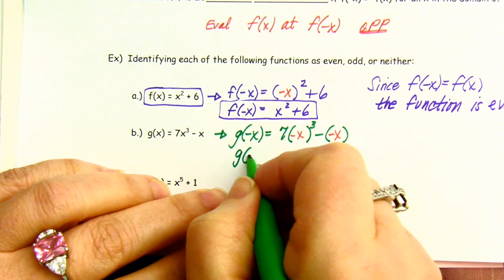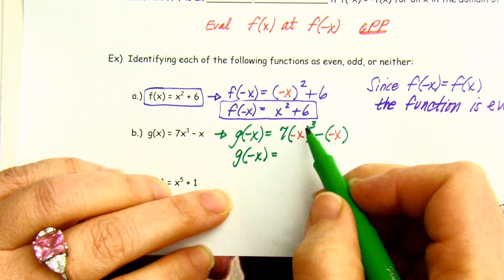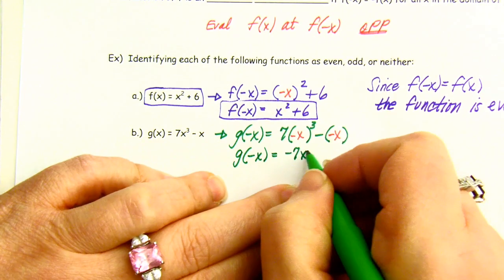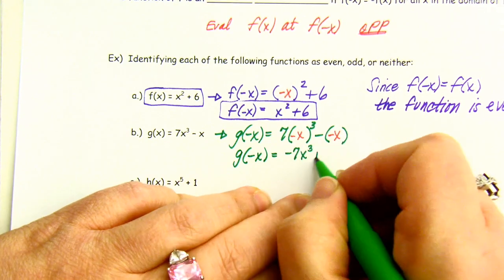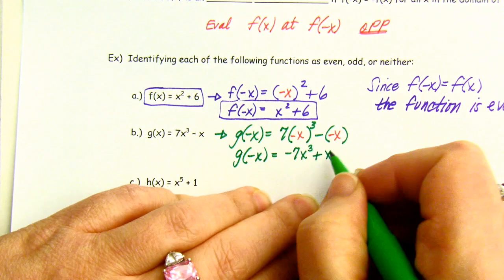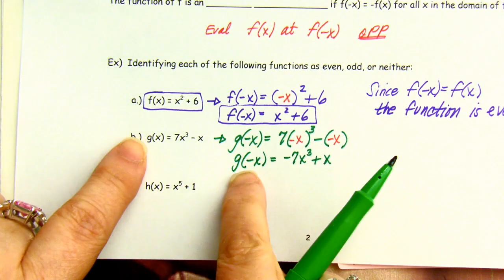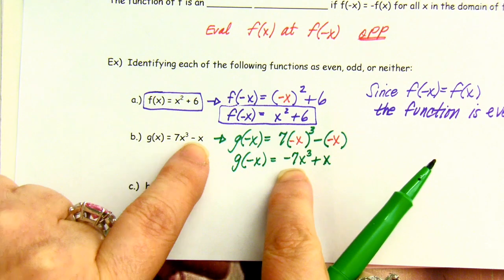G of the opposite of x equals, well, when I cube a negative, it stays negative. So this is negative 7 times x to the power of 3. And then here is the opposite of a negative. That's positive, plus x. You can compare it here, when I look, g of x and g of the opposite of x. 7x cubed, this is negative 7x cubed, this is negative x, this is positive x.